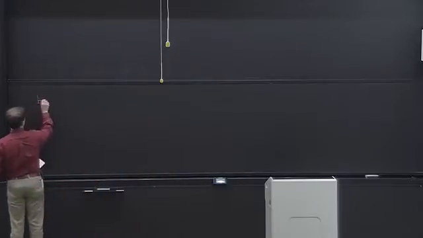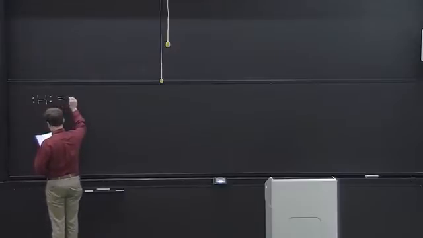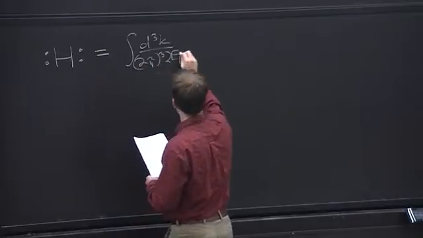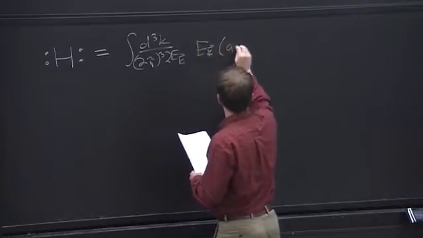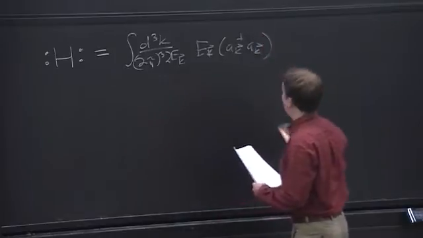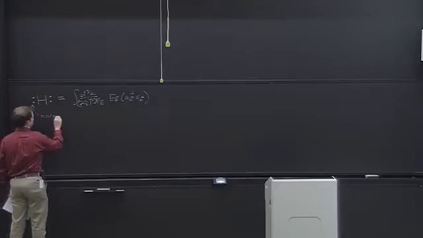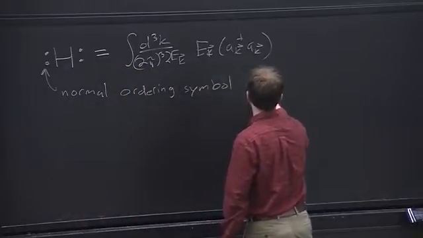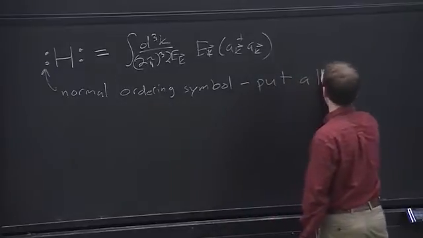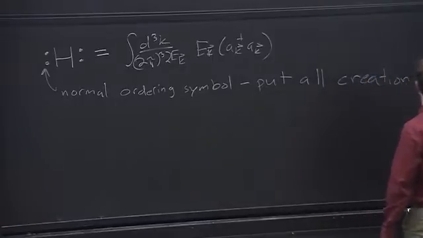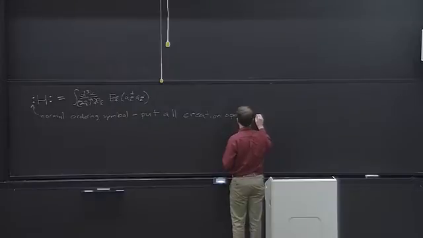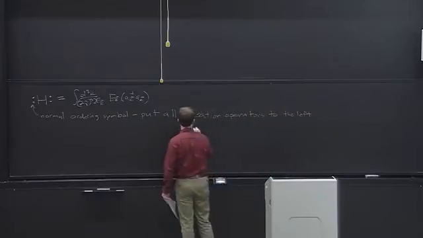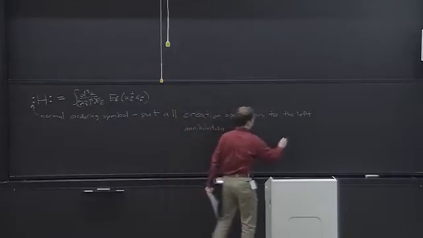So we're going to find the normal ordered Hamiltonian to be the integral d3k over 2 pi cubed of ek, ak dagger ak, where this normal ordering symbol just means put all creation operators to the left and all annihilation operators to the right.